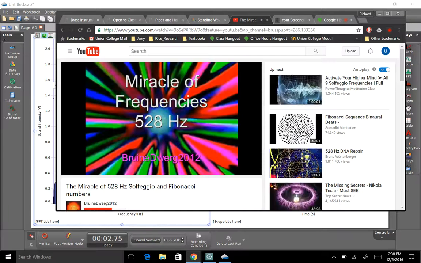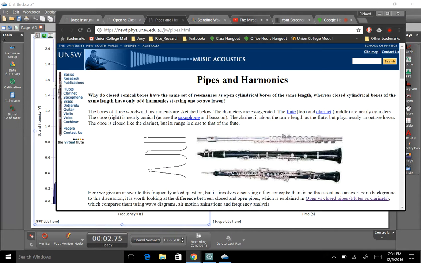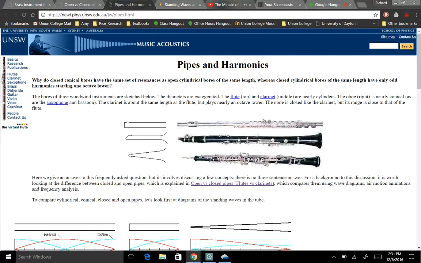Yes. So pipes and harmonics is the first of these. It first of all lays out that what I have talked about is exclusively for cylindrical pipes. The resonance for conical pipes is different.